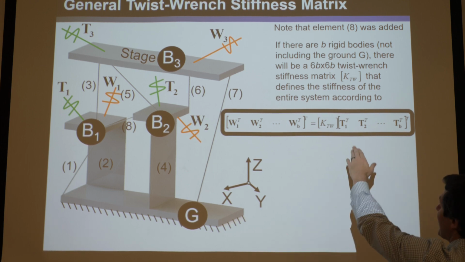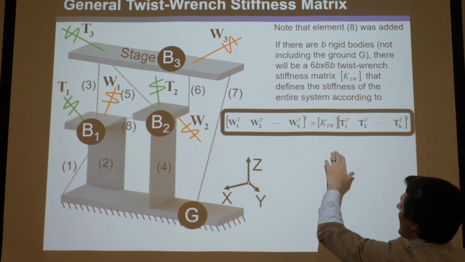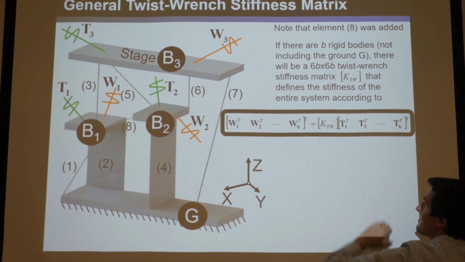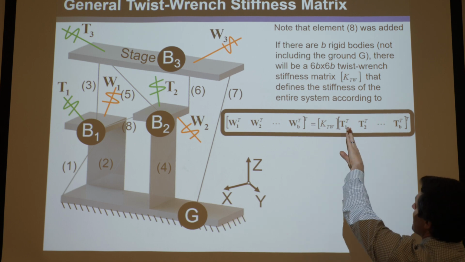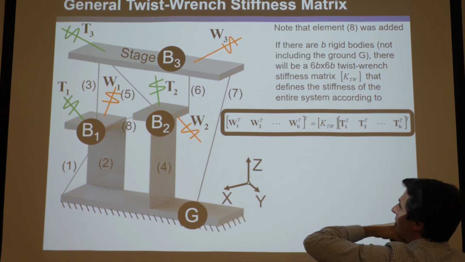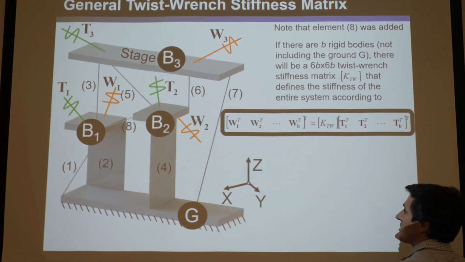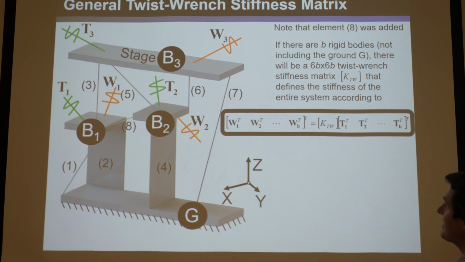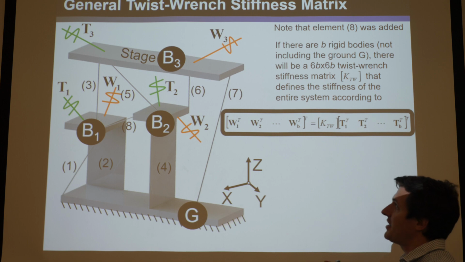The stiffness matrix would be an 18 by 18 matrix, because it has to multiply this 18 by 1 vector to give an 18 by 1 output vector, which is your wrenches, W1, W2, and W3.